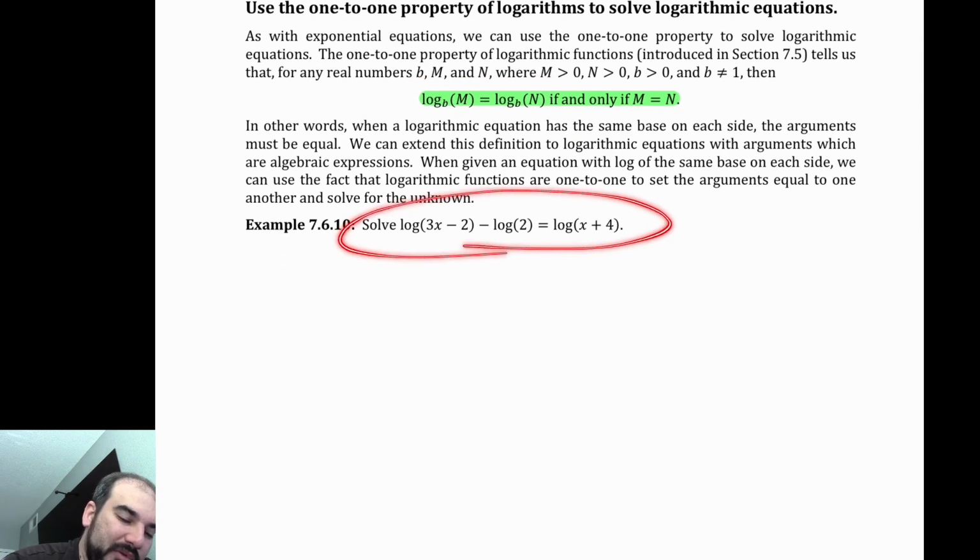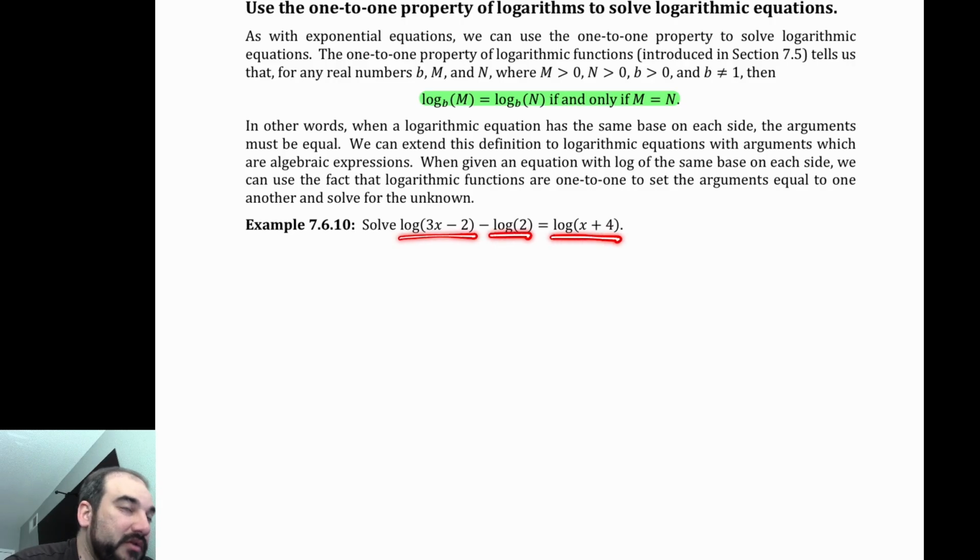Here in this example, we have a log minus another log equal to another log. We don't necessarily have this exact setup yet.